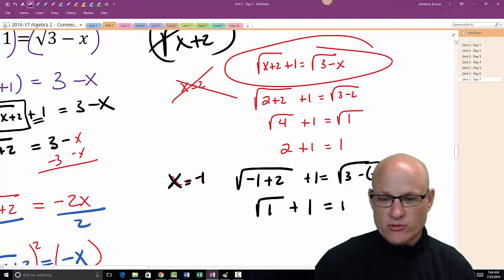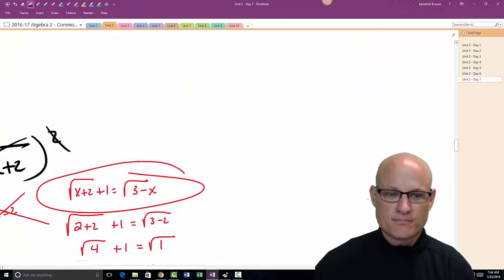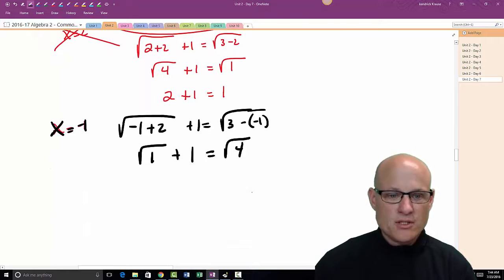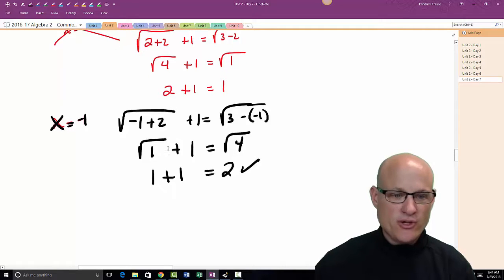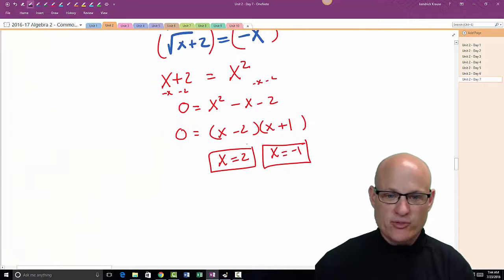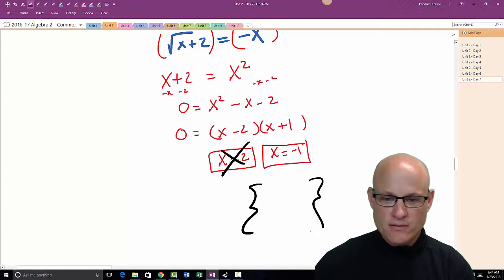Does that equal the square root of 4? And the square root of 1 is 1, plus 1. Does that equal 2? And yes, that equals 2. So I come back to my answers and I say, number 2, you don't work. The only answer is negative 1.